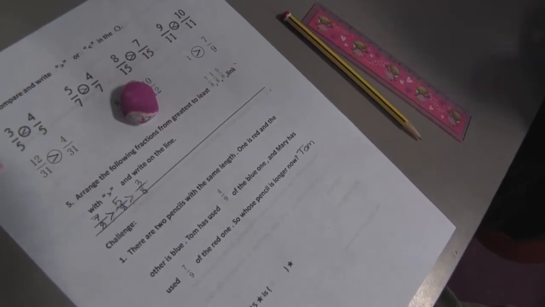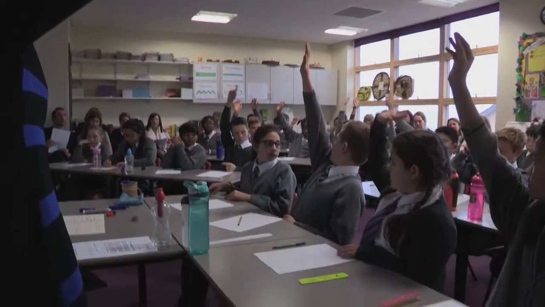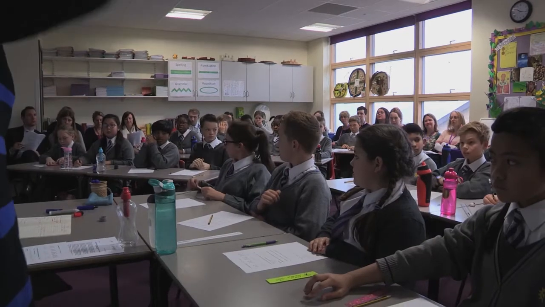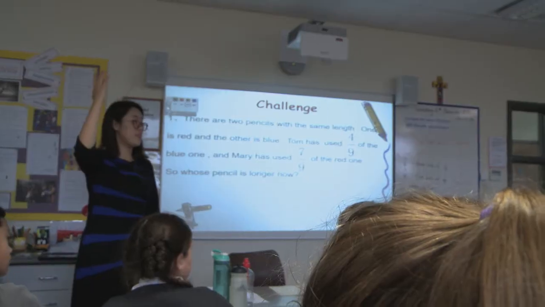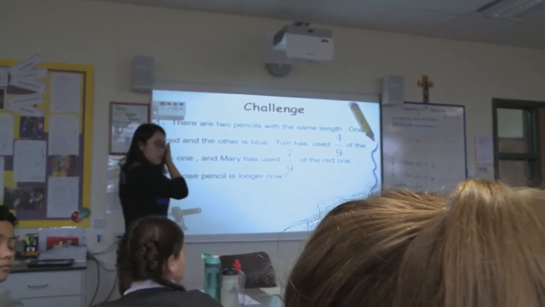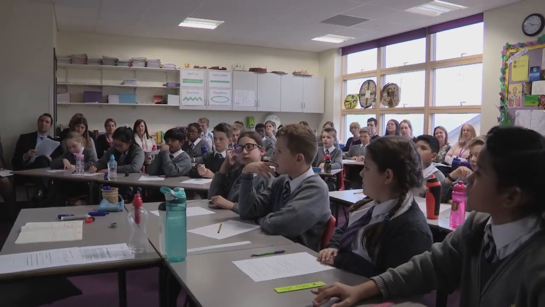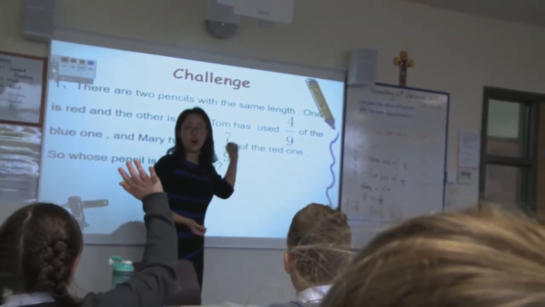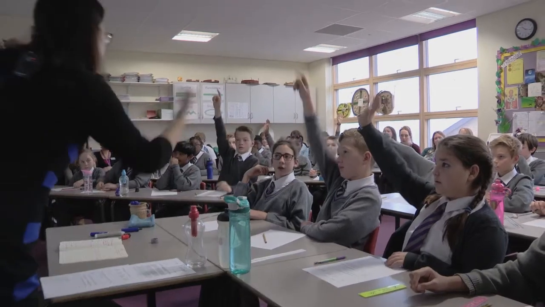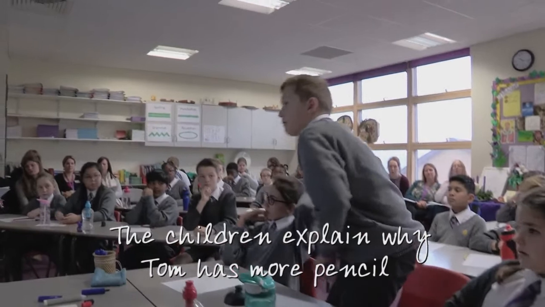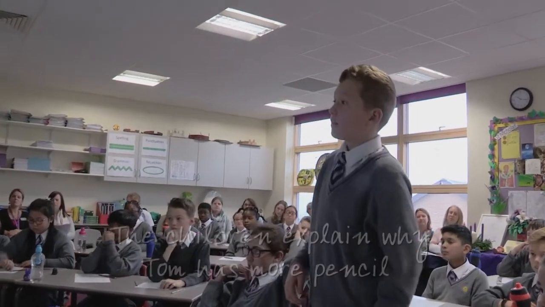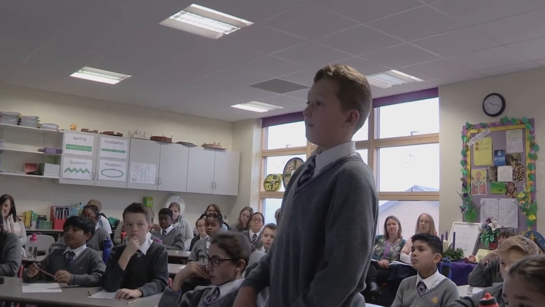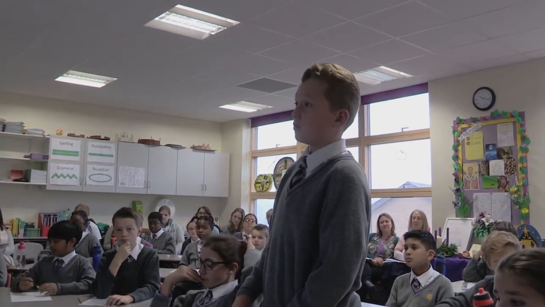If your answer is Tom, hands up. Okay, Tom. If your answer is Mary, hands up. Okay. Why do students think Tom? Can you explain to us? Mary's pencil is shorter than Tom's because she has used a greater fraction of the pencil than Tom.